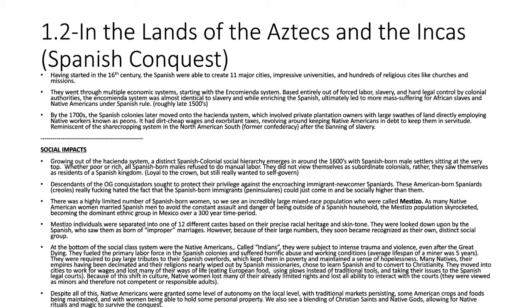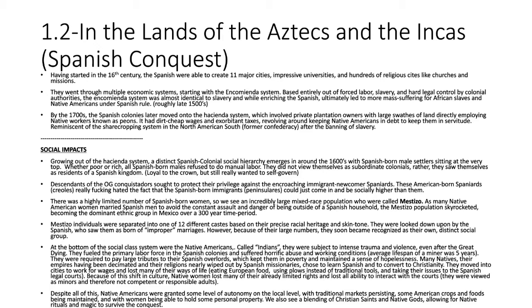Not only are these people traumatized, they're subject to intense violence and constant sexual assault, and later are essentially put into slavery. They become the primary labor force in Spanish colonies for a time, and they suffer horrific working conditions.